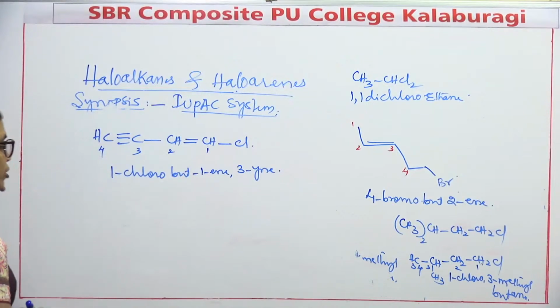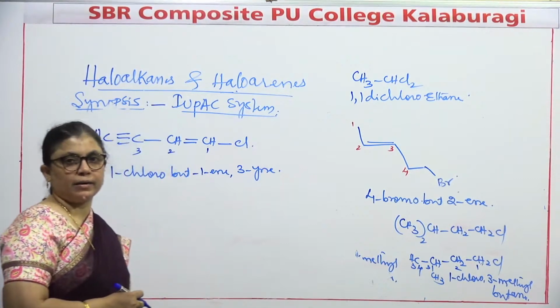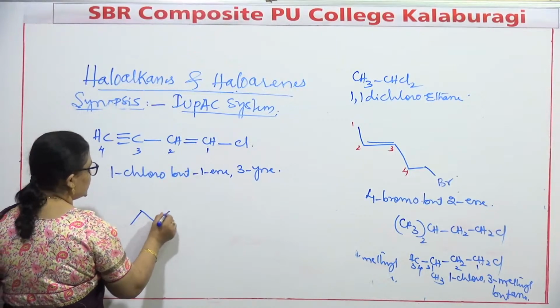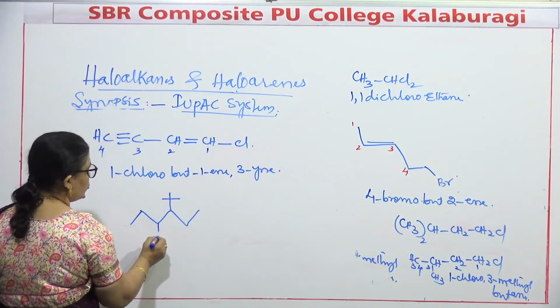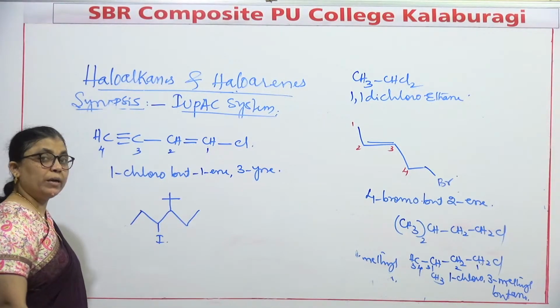So whenever we are going to write with respect to multiple bonds, it may contain a double bond and a triple bond both. Sometimes the molecule will be very complicated. Okay, for example, let us pick a molecule like this. Now, how to name it?